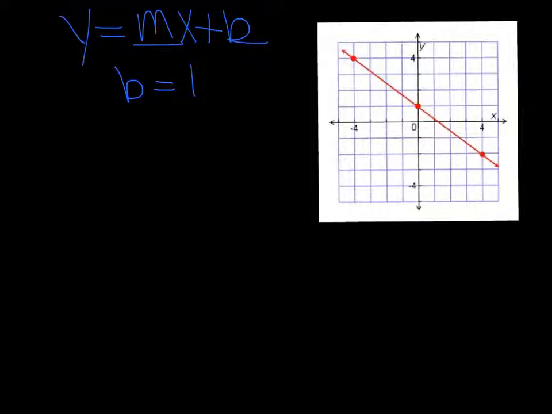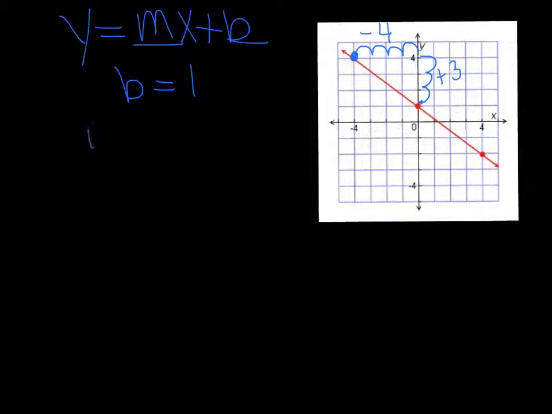Now we have to figure out what our slope is. In order to do that, we look at our point here and ask, how do I get to the next point on my line, or any point on my line? I'll check this point right here. As I count, it's going up, or rising, 1, 2, 3, positive 3 because up is positive. Now I'm going 1, 2, 3, 4 to the left, and that is negative 4.